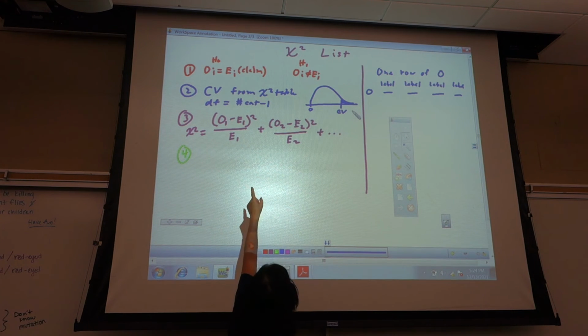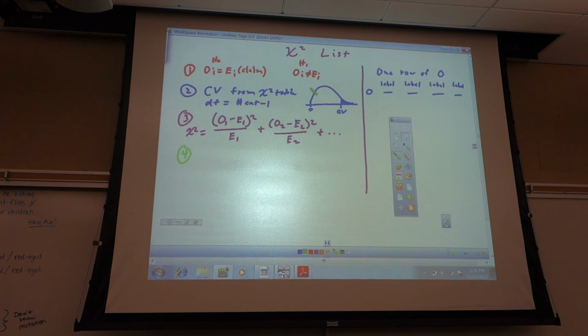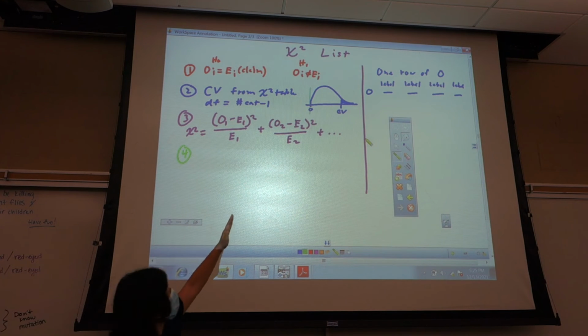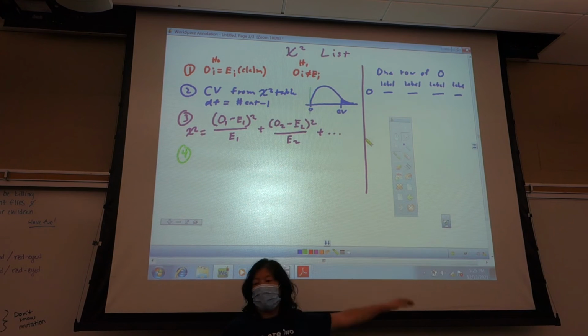So if the observed equals the expected exactly, then my test stat ends up right here exactly at 0. So again, H naught always says that you're right there at 0, and then you see how far away you are. If you're far away, then you're unusual. When you're unusual, you reject H naught.